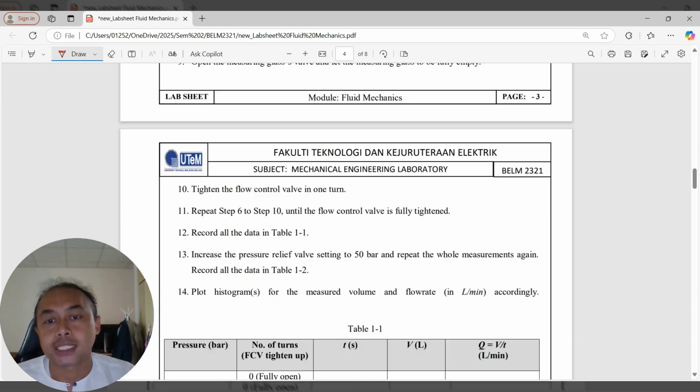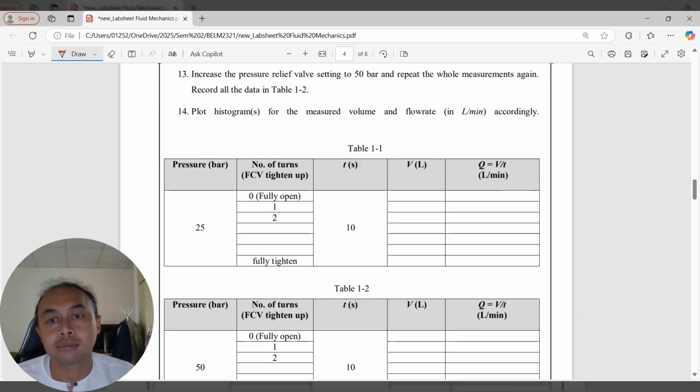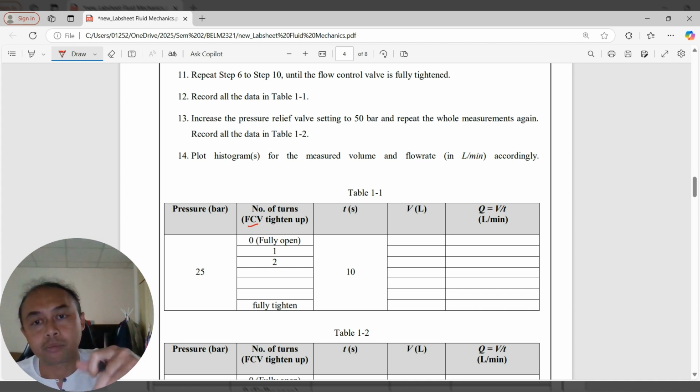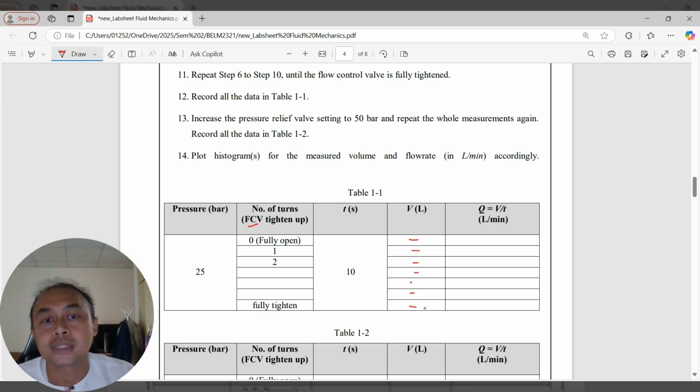Therefore, in the table, you can see that you are going to play around with the number of turns of this FCV. You are basically going from fully loose until fully tightened, and you should get different values in terms of the volume measured within the same period of time, which is 10 seconds.